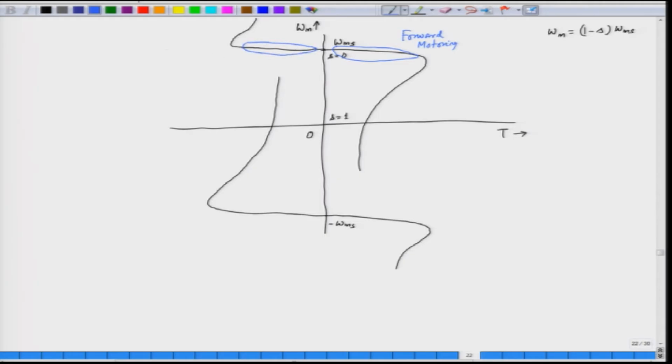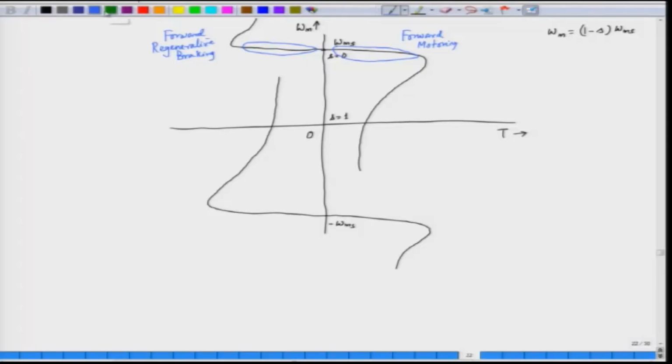This is called forward regenerative braking. So, this part is for negative slip, which is for regenerative braking. If we use the motor in that region, the motor will be operating as a generator. The energy will be fed to the AC supply.